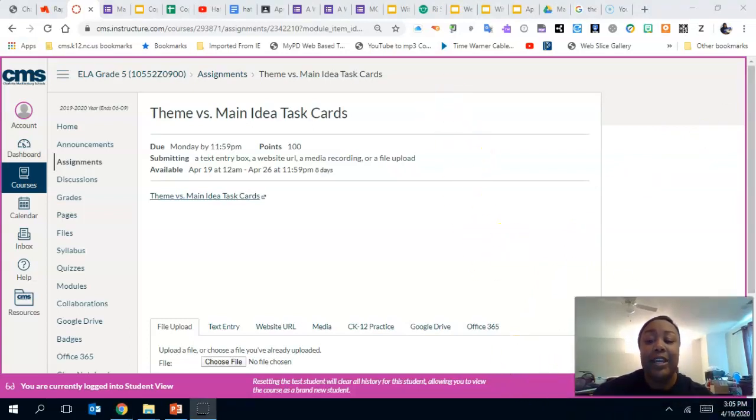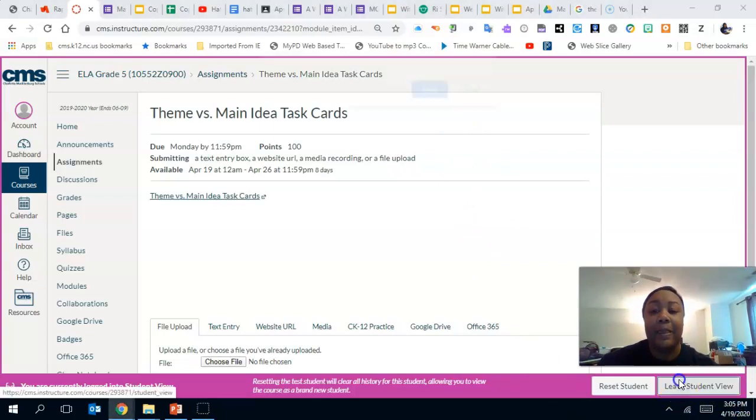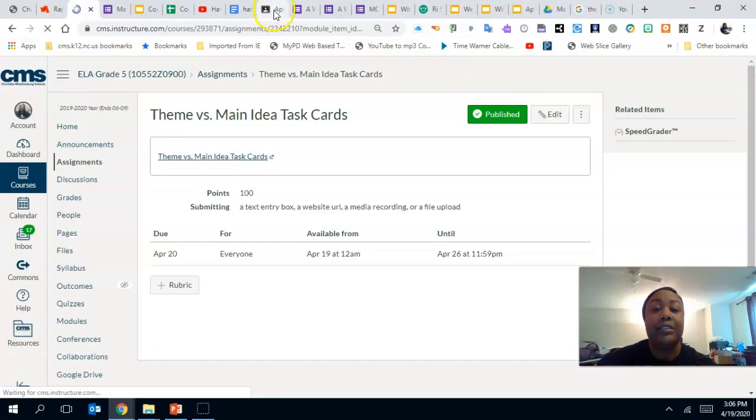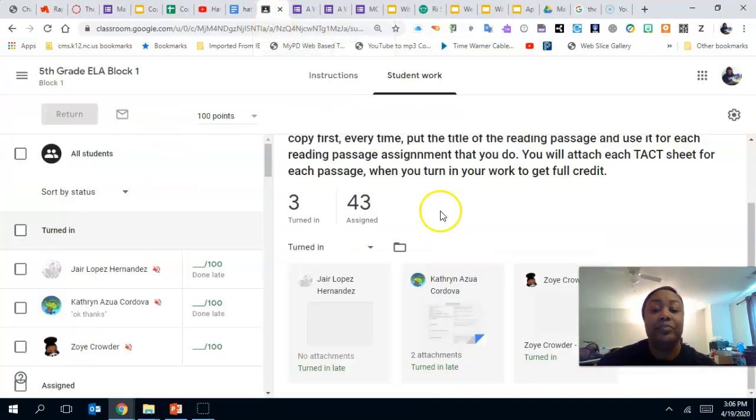As well as, if you are in here, you can submit it like you normally do in Google Classroom. If you notice, love it. Jair, I don't see an attachment.